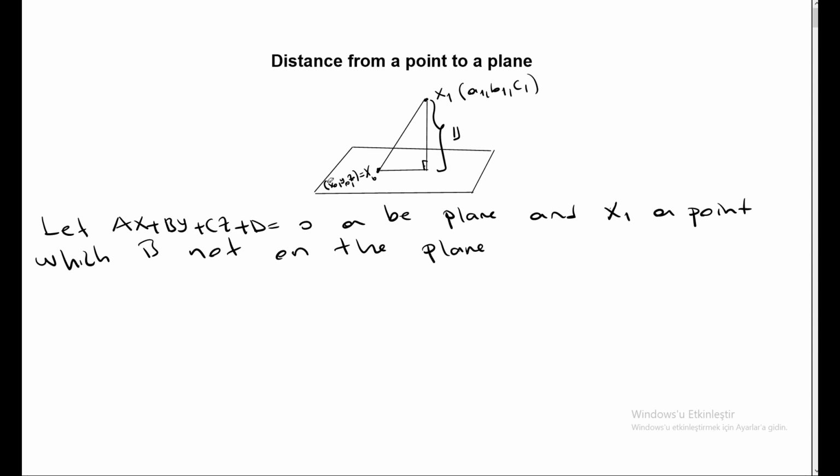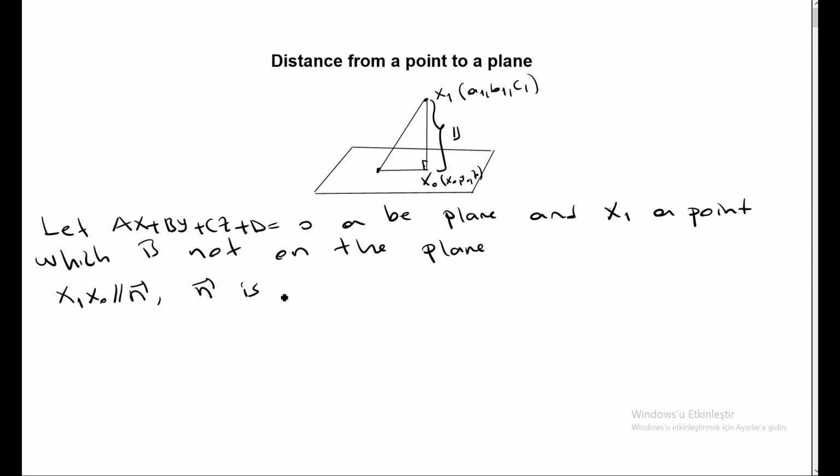So let me change this one. Let me put here. So now x1, x sub 0 will be parallel to n. N is the unit, or may not be unit, but normal vector.